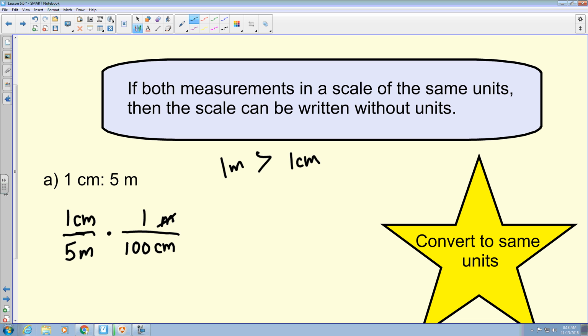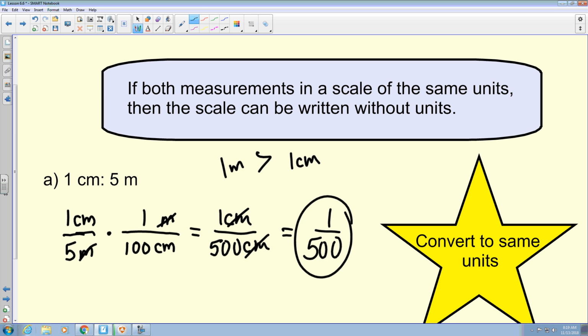I got meters on the top, I got meters on the bottom. Those now cancel. So now it equals all the way across 1 centimeter to 500 centimeters. And again, we got centimeters on the top and centimeters on the bottom. Those also cancel. So now I have my scale with no units, which is 1 over 500.